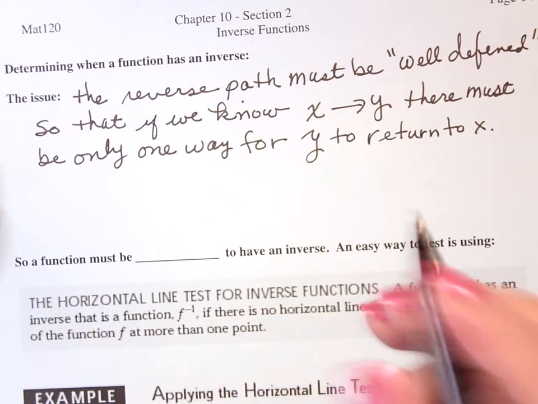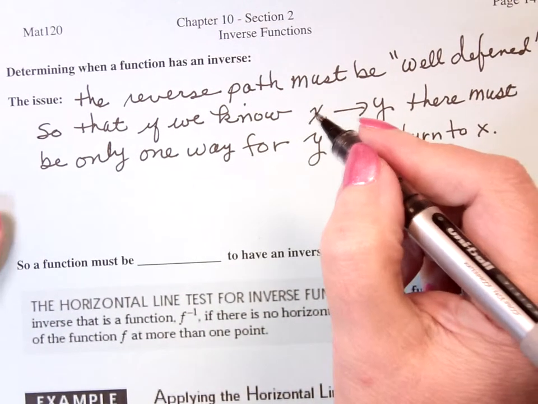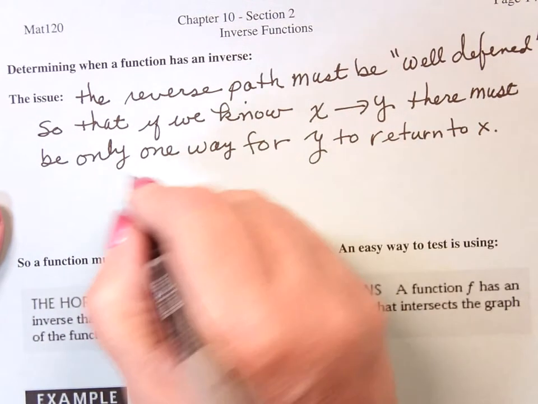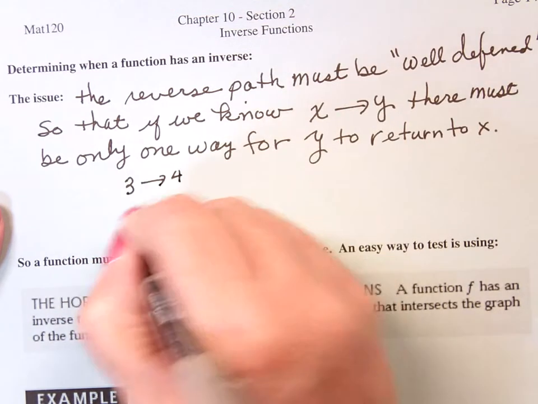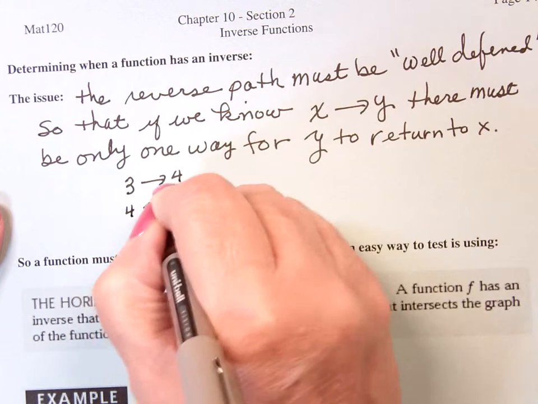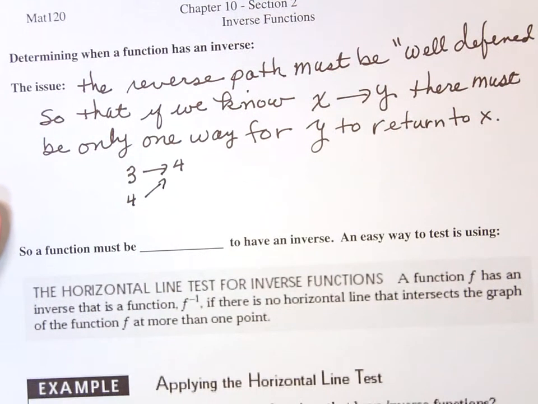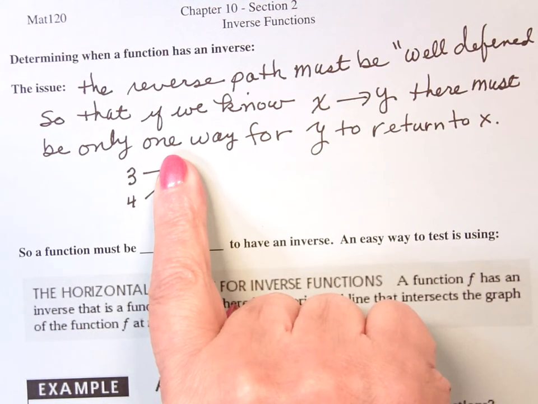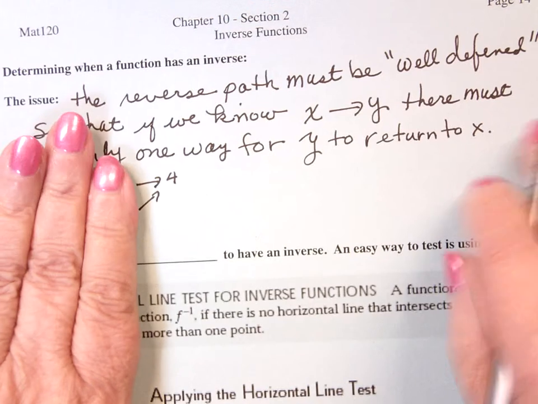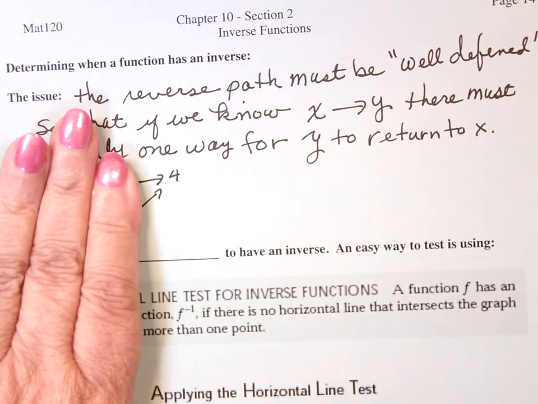So if I were looking at a situation where 3 went to 4 and 4 also went to 4, going from x to y, that is a function, that's not a problem. However, if I'm trying to return, I'm looking at 4.